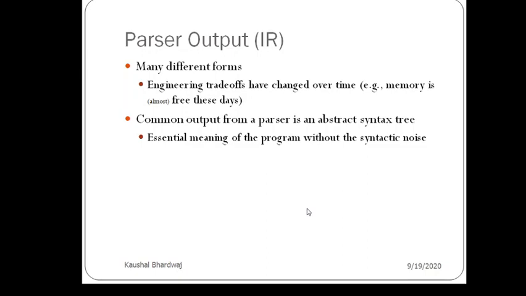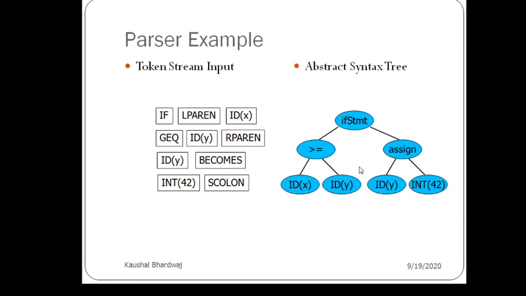Now, basically here the parser generates an abstract syntax tree for your given program, the essential meaning of the program without the syntactic noise. This is an abstract syntax tree for the given tokens identified in that statement.